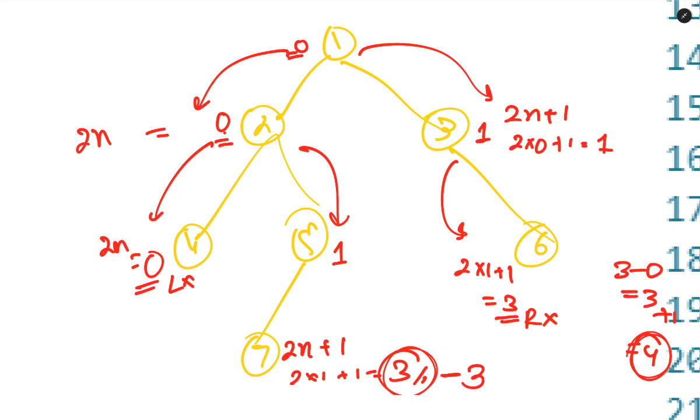Why will I do that? I am doing that because just see that if 7 had some children, for example, it will be having 8 here, it will be having 9 here. So what will be the value of 9? You know, the 9 value will be 2n plus 1, and 2 into seventh index is 3, so 2 into 3 plus 1, which is basically 7.